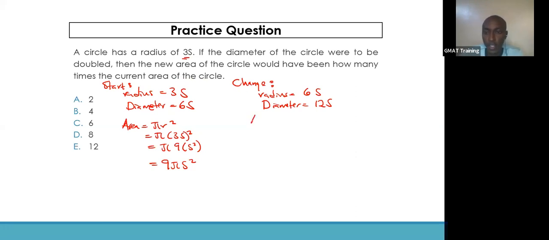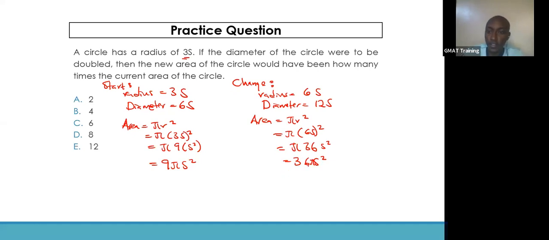So let's have the area of this change. We have the area as pi r squared, and r is 6s, squared. Then we'll have this as pi times 36s squared. I've forgotten pi here, so you have 36 pi s squared.